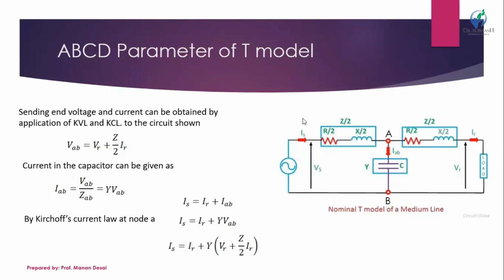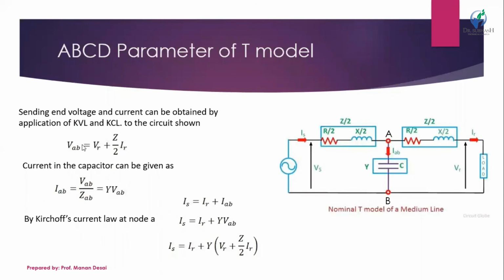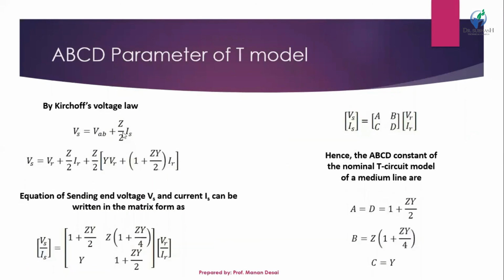By using Kirchhoff's voltage law, Vs is equal to VAB plus Z by 2 IS, and we have derived the VAB value here. VAB is equal to VR plus Z by 2 IR. So this will be put here: VR plus Z by 2 IR plus Z by 2 times the IS value.